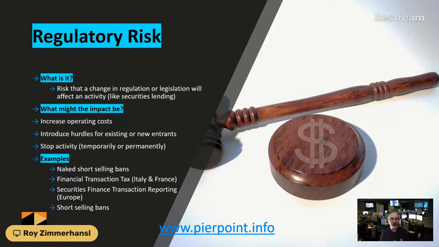There are other regulations like the financial transaction tax, which was implemented in Italy and France, which puts a tax on trading activity. In the case of Italy, it's on equities and equity derivatives. In the case of France, it's really on the equities. And that tax all of a sudden has an impact on how people act in the market.